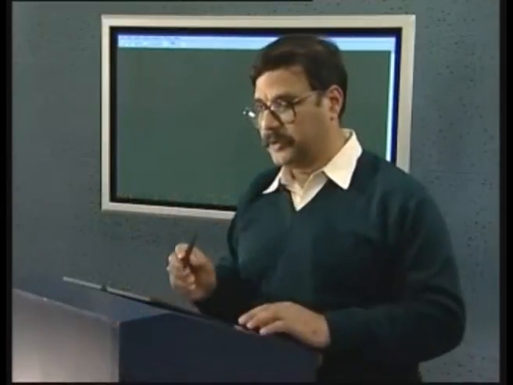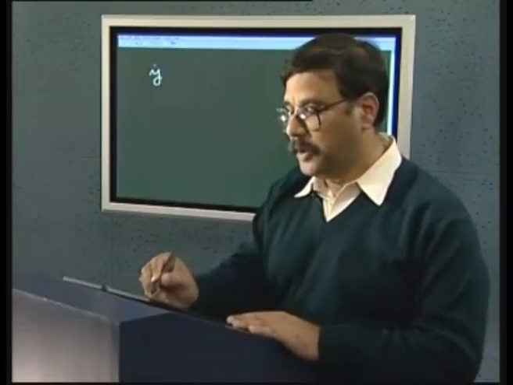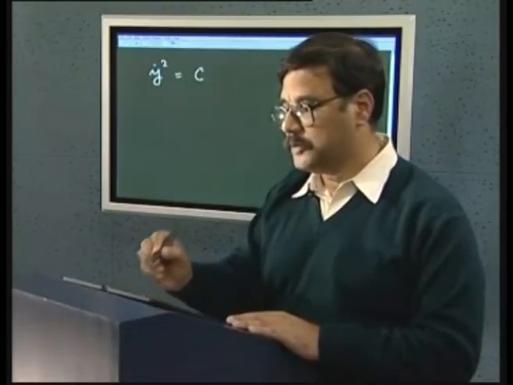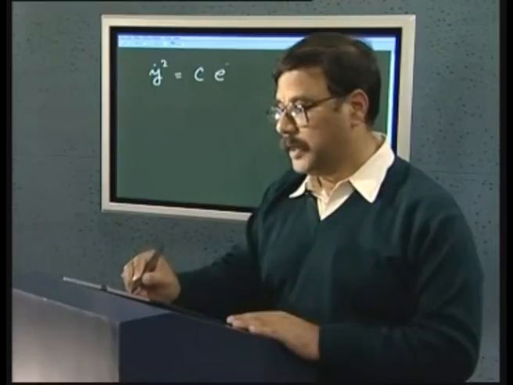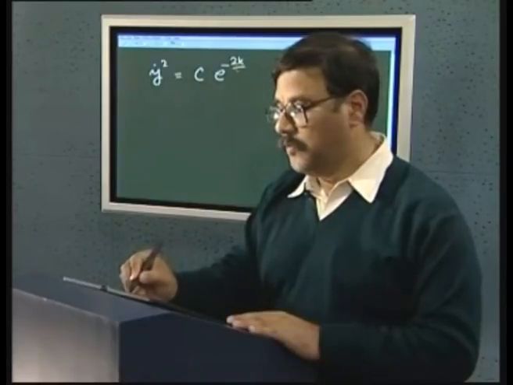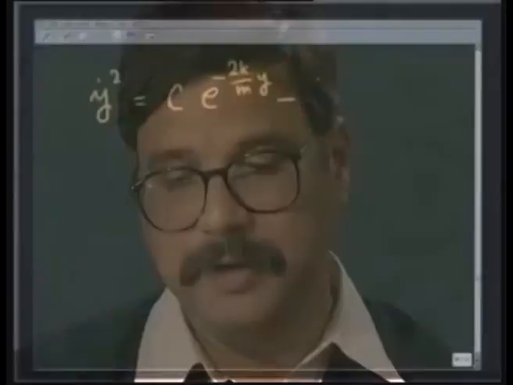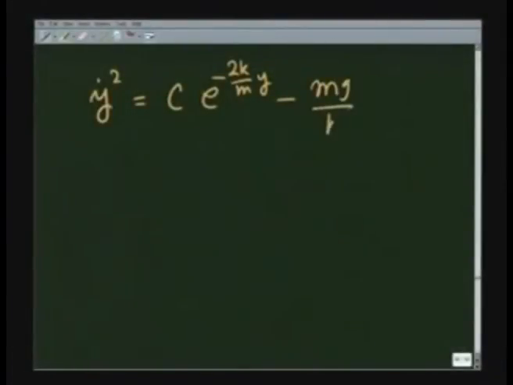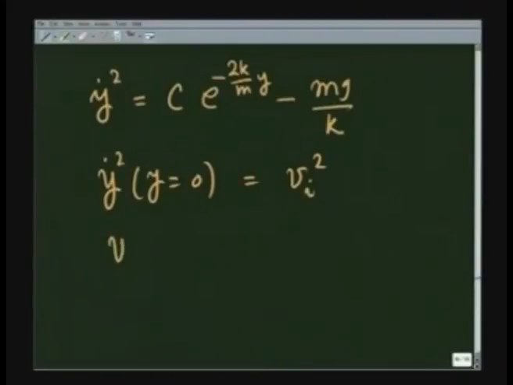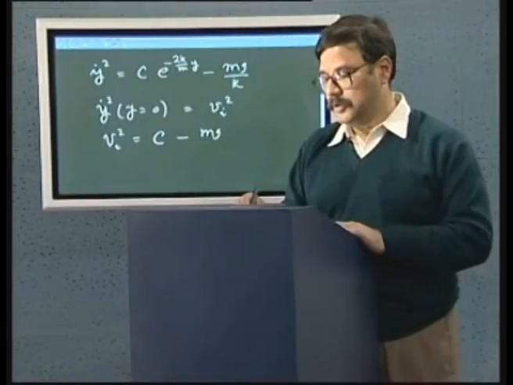Now to initial conditions. I have y dot square equals some constant c times e raised to minus 2k over m y, minus mg over k. I know the initial velocity y dot square when y is 0 is equal to v initial square, and therefore v initial square is equal to c minus mg over k.